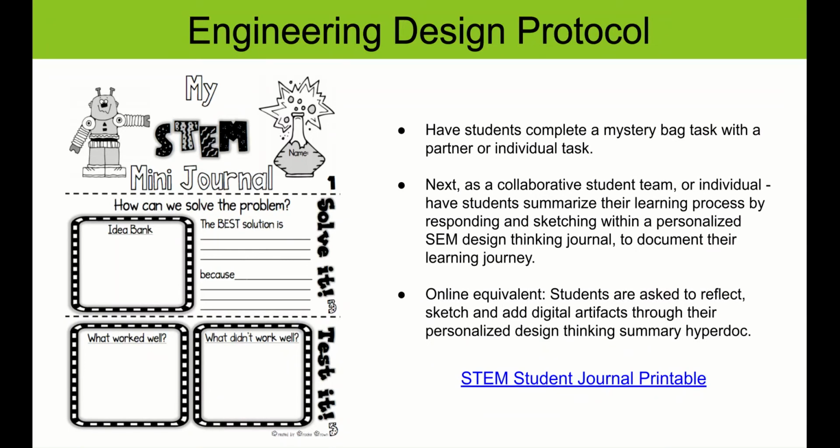Some other things that we use also is the design protocol. When kids are learning and thinking, it's important that they're documenting their learning, because they can quickly forget if you wait until the end of the engineering activity or the coding experience. So always have a piece of paper and pencil, set up as a graphic organizer, because it's breaking that content, which can be complex for a lot of our students, into smaller, snackable, bite-sized chunks of information.